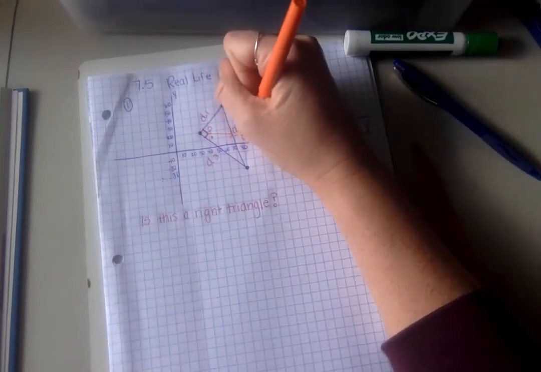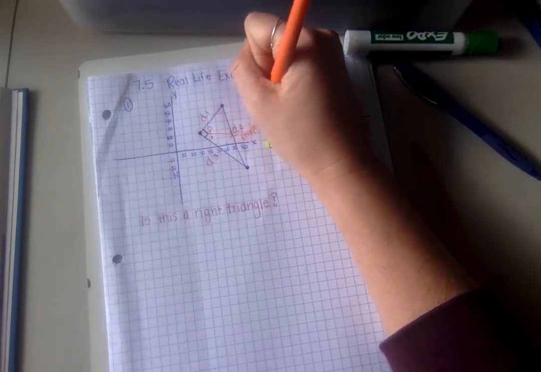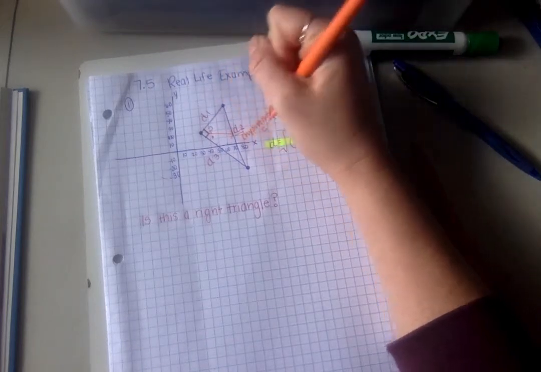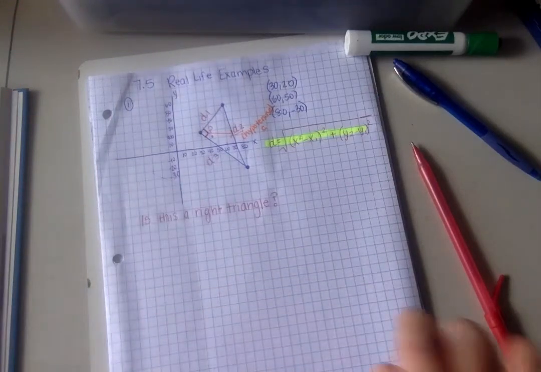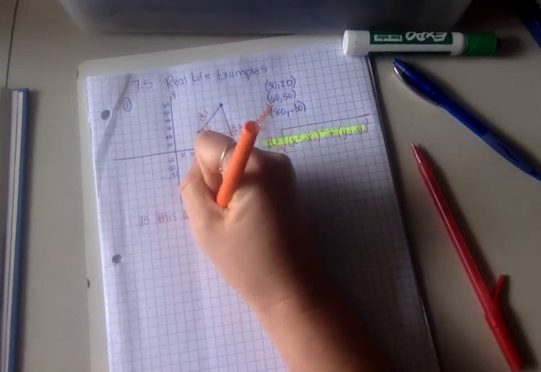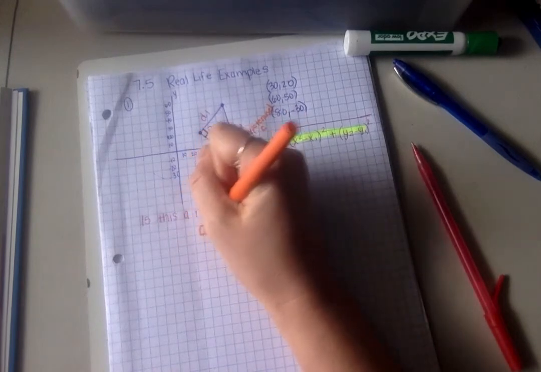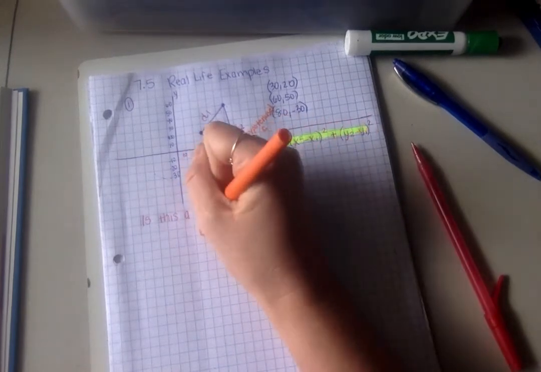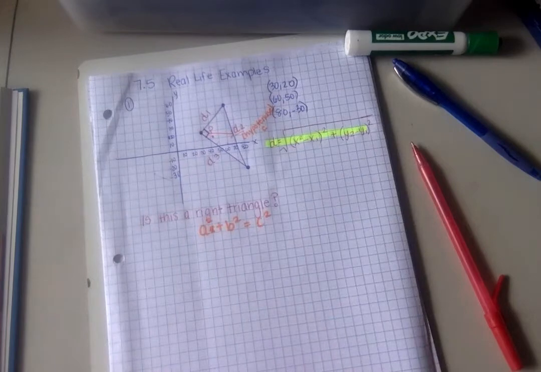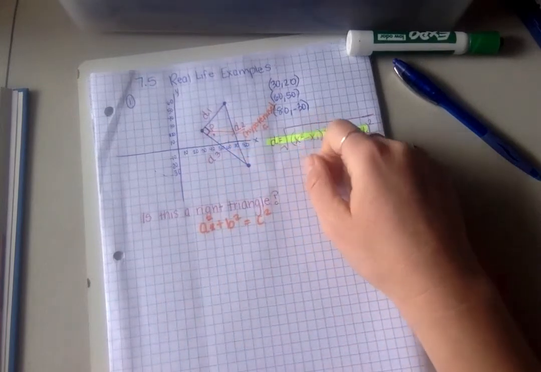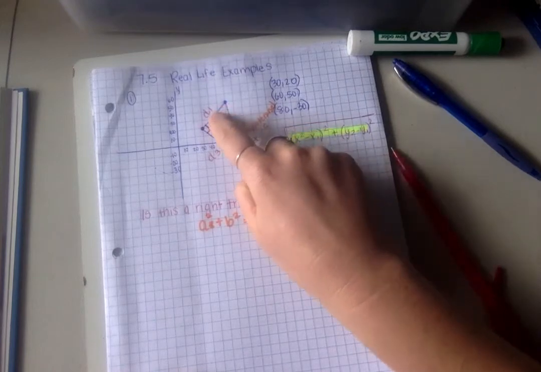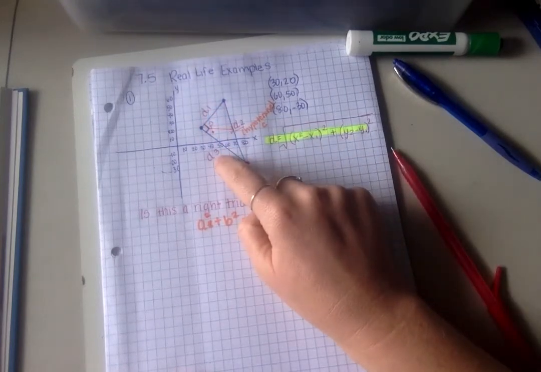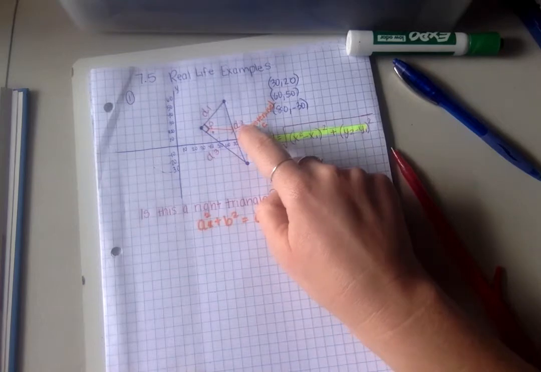So if you need a reminder, this is your hypotenuse, which you can also think of as c. So if it is a right triangle, then a squared plus b squared should equal c squared. Or I can think about this as distance 1 squared plus distance 3 squared should equal distance 2 squared.